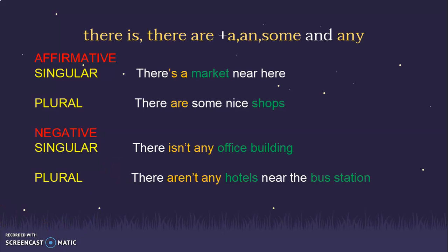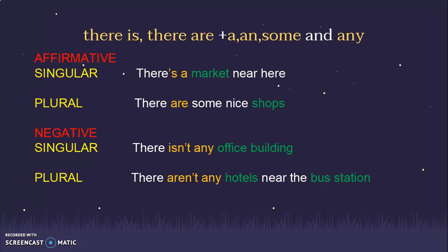For the negative, there isn't, which actually means there is not any office building. And in the plural form, there aren't any hotels near the bus station, which actually means there are not any hotels near the bus station. The words which are in green are the places.